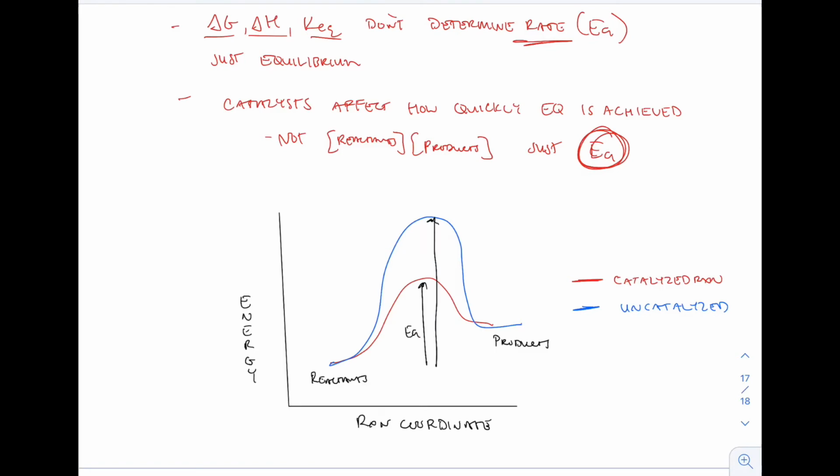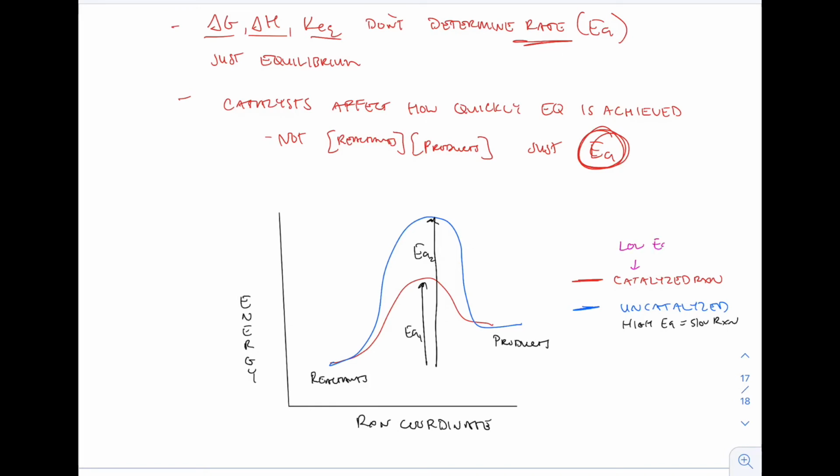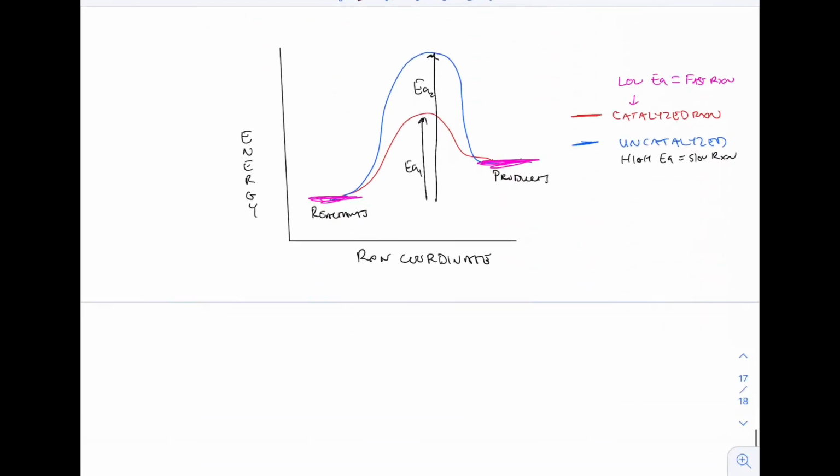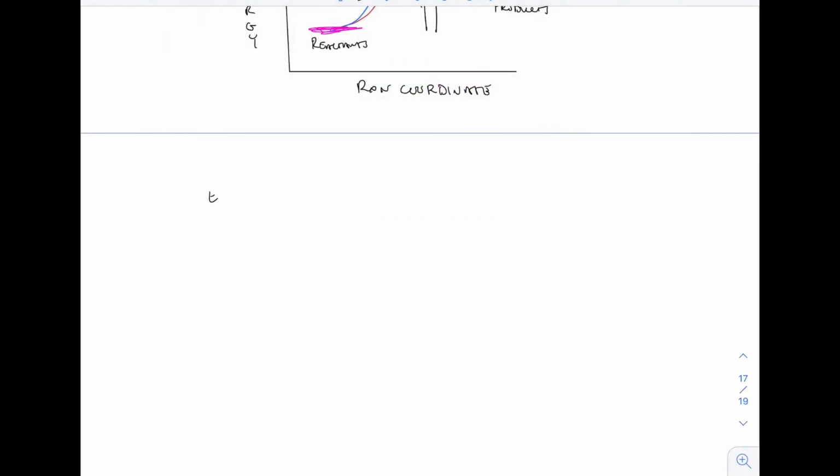So you can see that the activation energies are different, the red being lower and the blue being higher. So if it's a higher activation energy, then it's a slower reaction, right? And the opposite goes, lower activation energy means a faster reaction. And so notice again, the products and the reactants are the same. They didn't affect the concentration of either one of them. The overall energy values of those are the same, and so that's what we mean by how the catalyst doesn't affect that, okay?